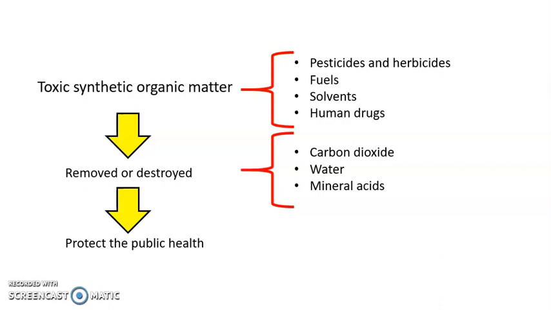Fuel, sometimes there are chemical spills or petrochemical spills or oil spills into the water supply, so they need to remove those organics from water because those are so toxic for human health. And some emerging contaminants and human drugs are considered toxic synthetic organic matter, and we can apply the advanced oxidation process to remove those from water.